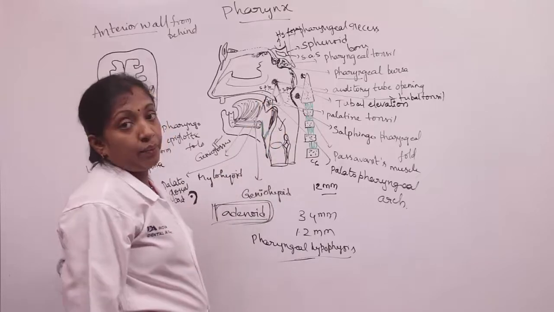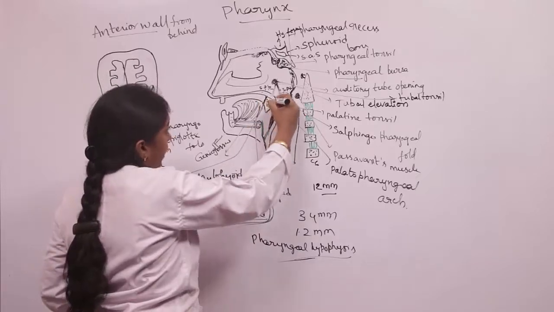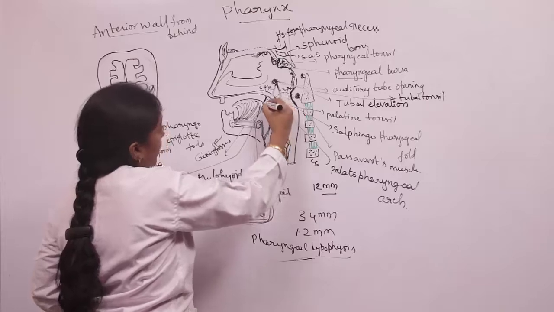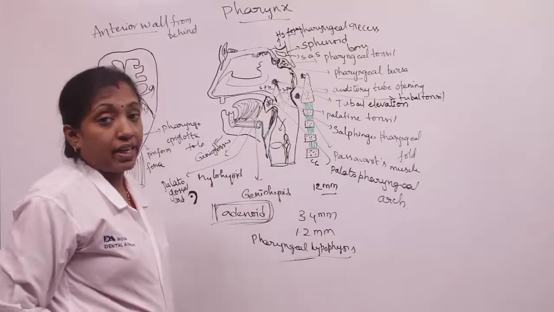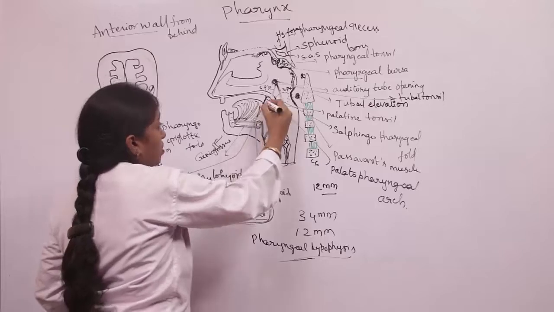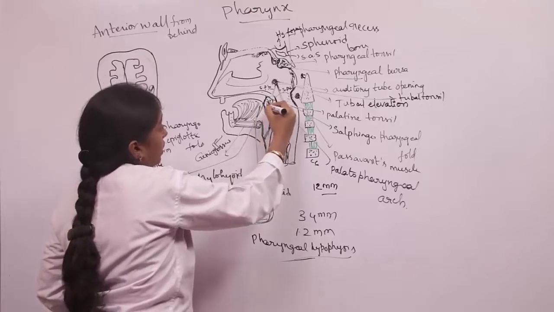The palatine tonsil is present in a depression called the tonsillar fossa, bounded in front by the palatoglossal arch and behind by the palatopharyngeal arch. The apex is formed by the soft palate where these two arches meet. Below, it is formed by the dorsal surface of the posterior one-third of the tongue.